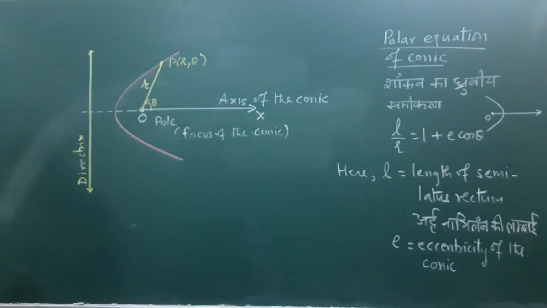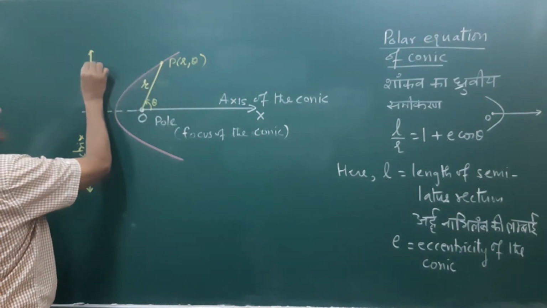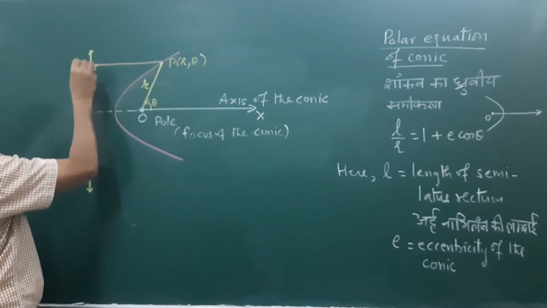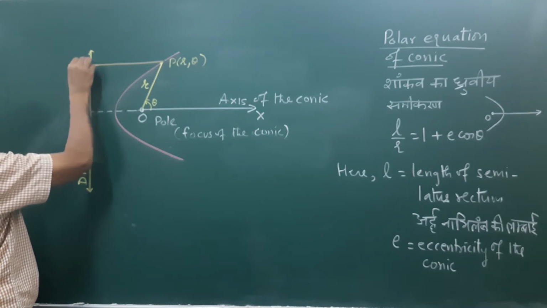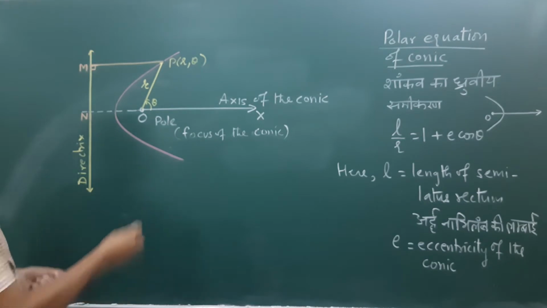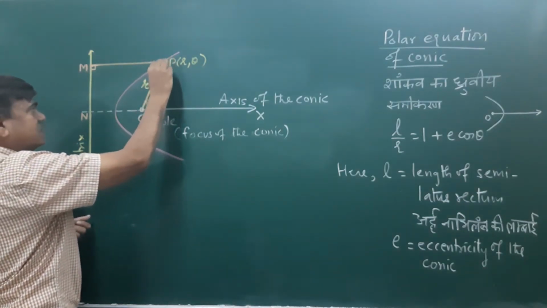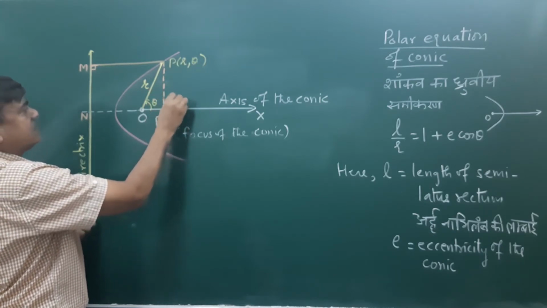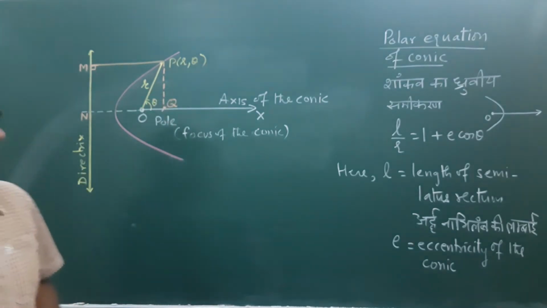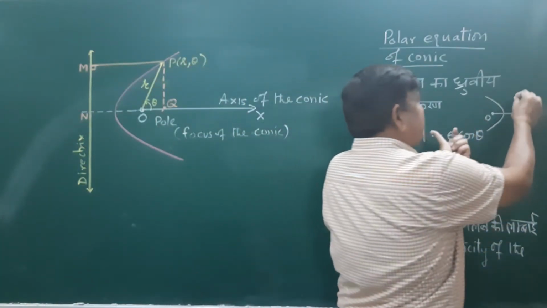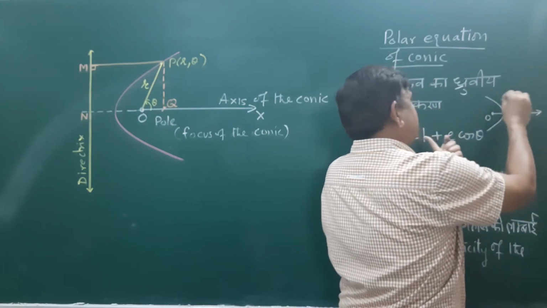Then we draw the perpendicular from P on the directrix, to apply the definition. Suppose this foot is M, and this is N as usual, and we draw the perpendicular from P on the axis. For this one, the axis is this side.